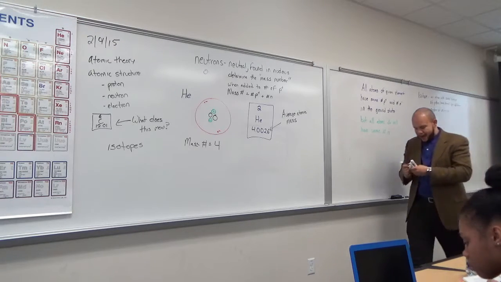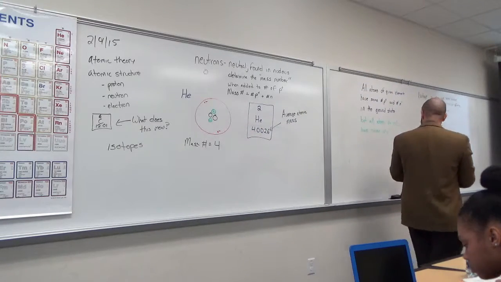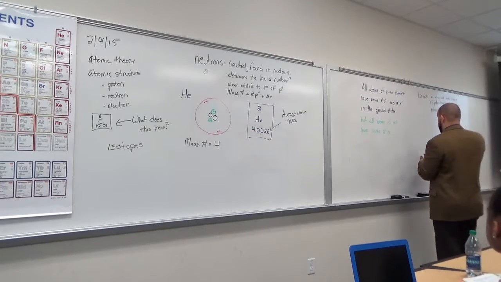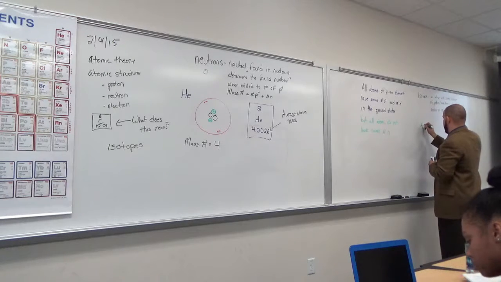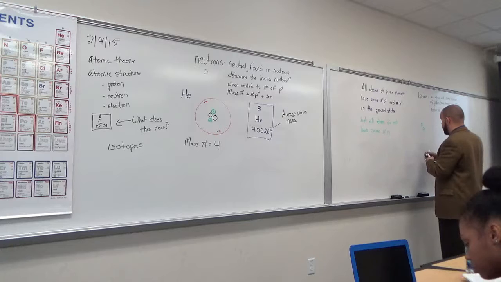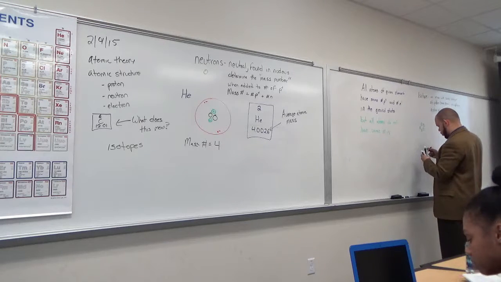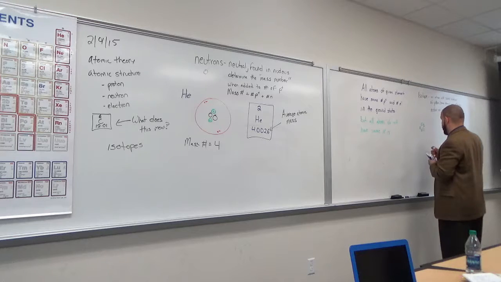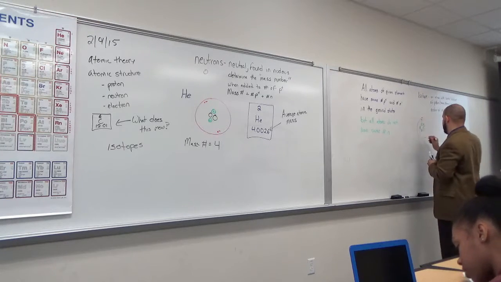So let's use our helium example. We could have a helium atom with 2 protons, 3 neutrons, and 2 electrons.